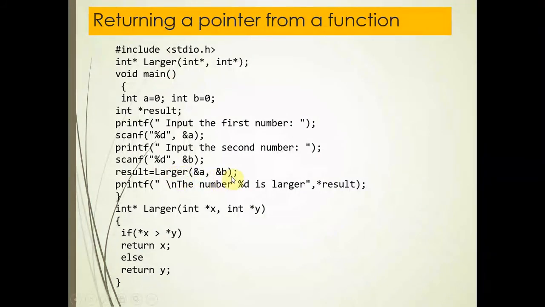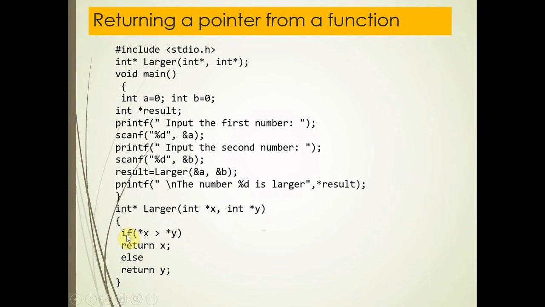Whenever this statement executes, the address of a will be copied to x and address of b is copied to y. This is a very simple concept, as I showed you in the previous example.